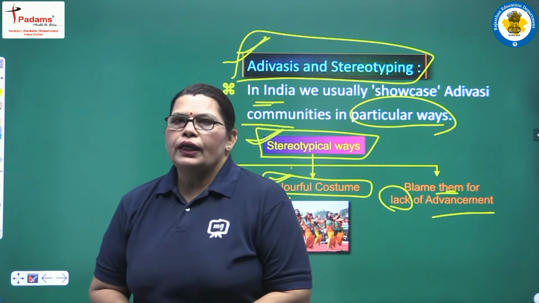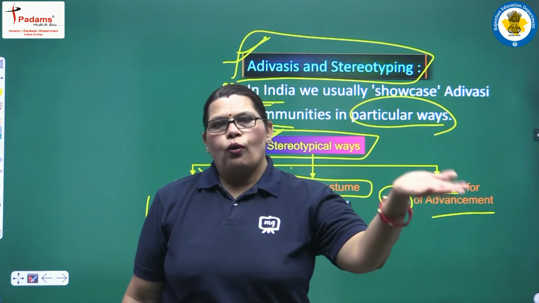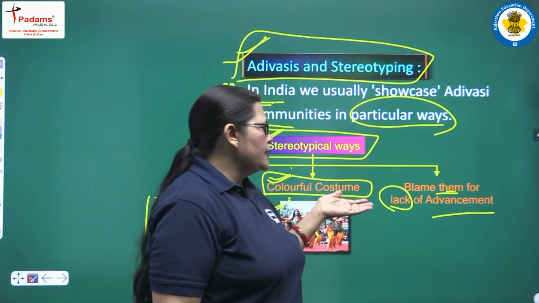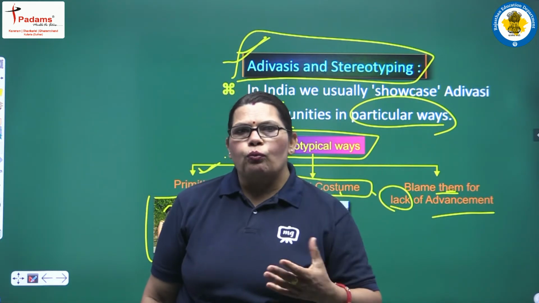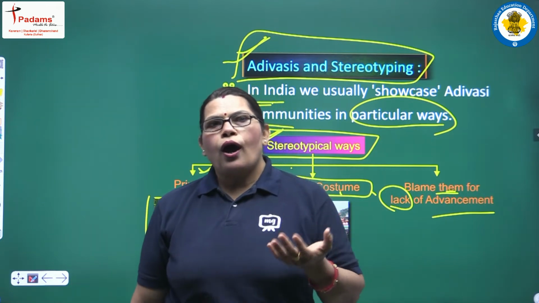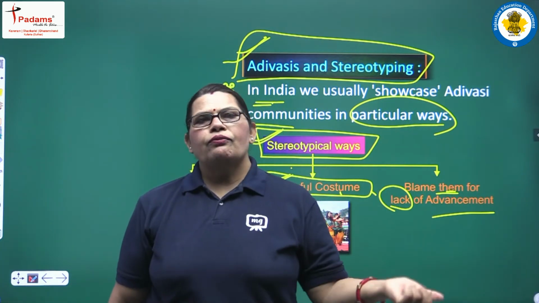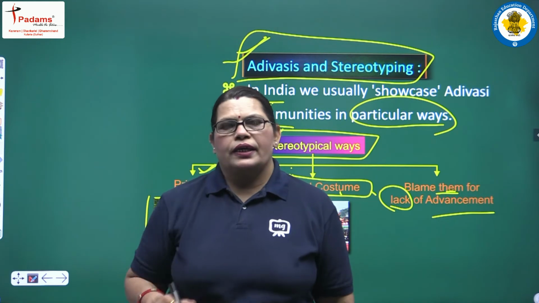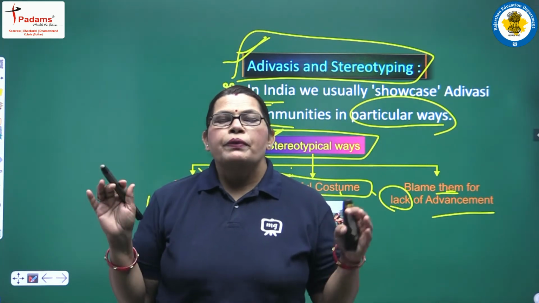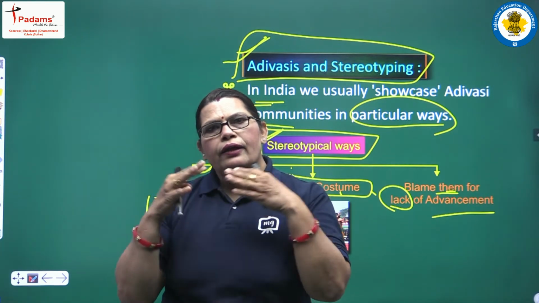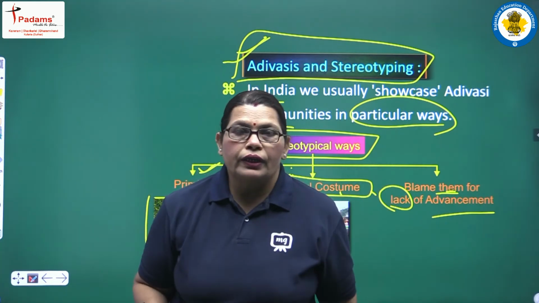Yes, we, the modern people, always blame Adivasis for a lack of advancement. Do they not want to be advanced, or do they not willingly want to be advanced? This is again a question here. Most Adivasi people lived in the forest and they are freely, happily living there.